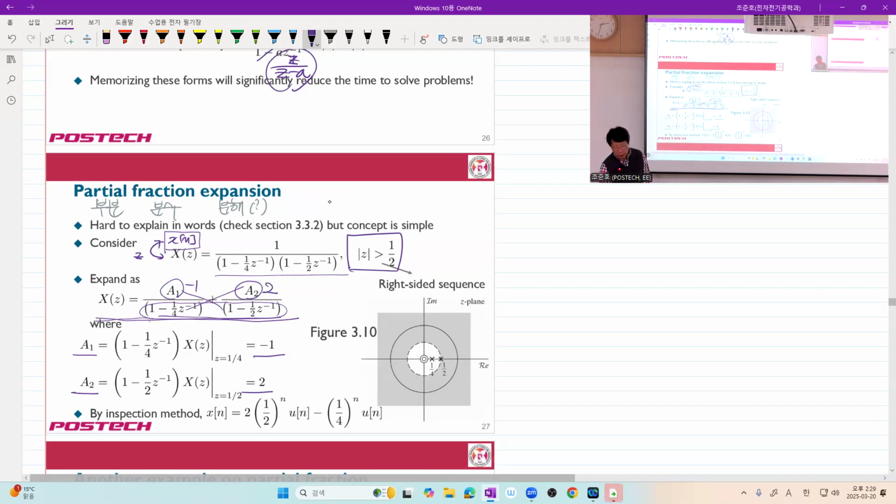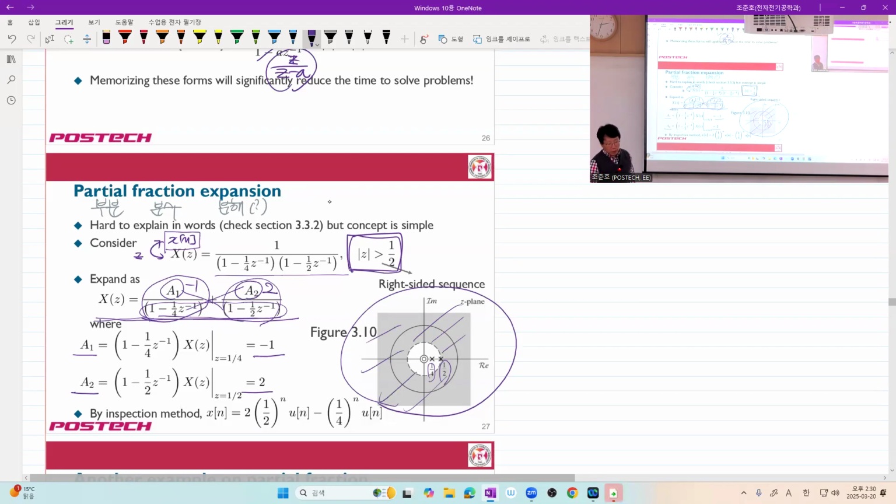Now, from the pole-zero plot, what do you have? You have the pole of this one located at 1/4, and the pole of that one located at 1/2. And you already know that your signal has region of convergence in this region.